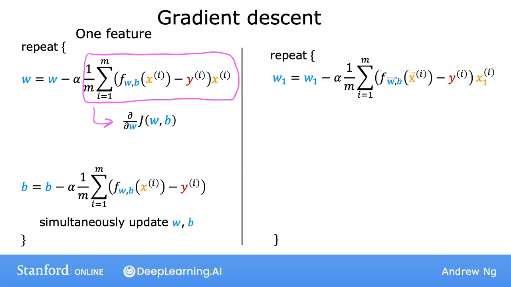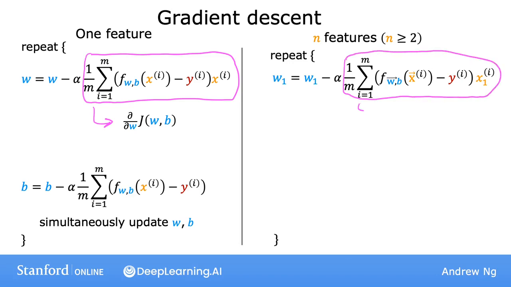Now, here's the new notation for when we have n features, where n is 2 or more. We get this update rule for gradient descent. Update w1 to be w1 minus alpha times this expression here. And this formula is actually the derivative of the cost J with respect to w1. The formula for the derivative of J with respect to w1 on the right looks very similar to the case of one feature on the left.